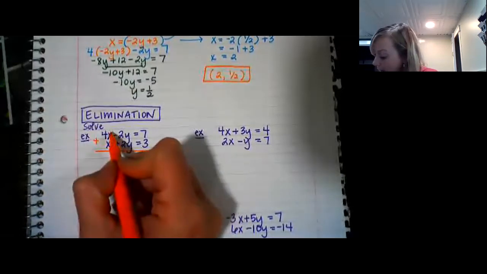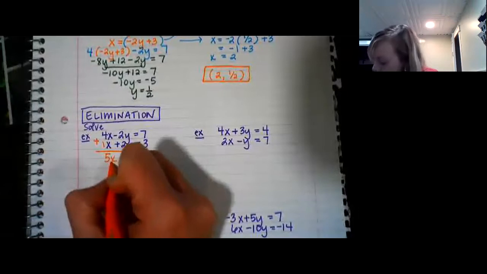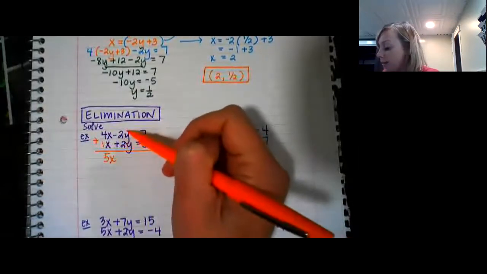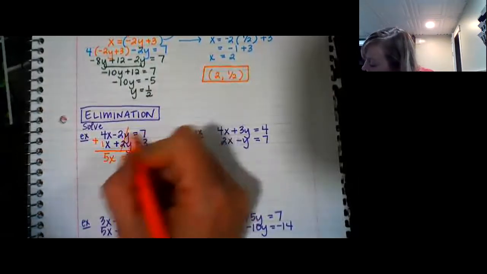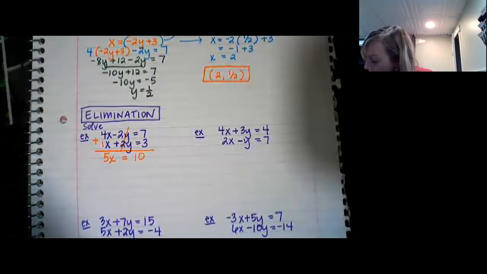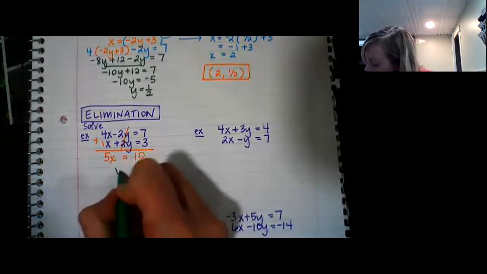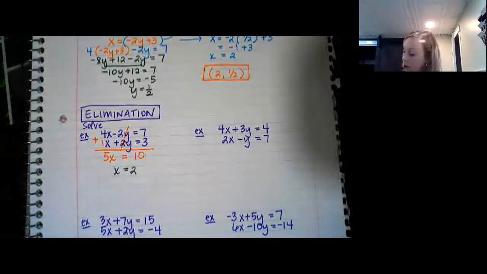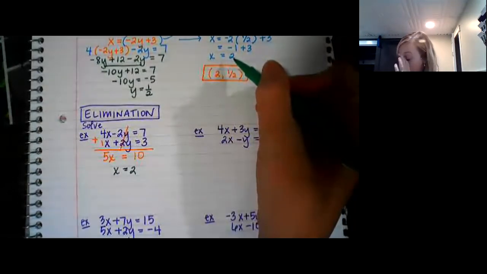So 4x plus 1x gives me 5x, negative 2y plus 2y gets eliminated, hence the name, and 7 plus 3 equals 10. So then I'm going to solve for x by dividing by 5, so I get x equals 2. And we knew x equaled 2 from the previous method as well.